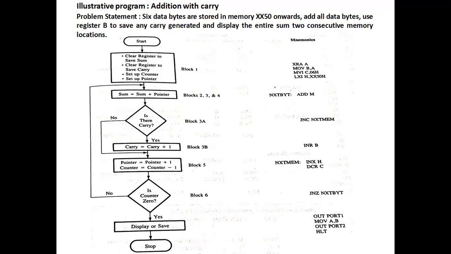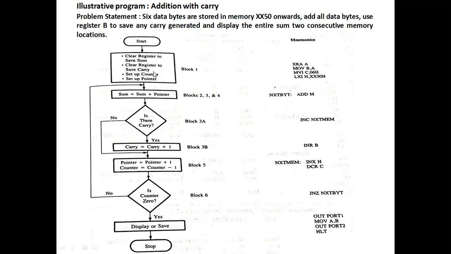So just to be safe, the accumulator, the sum value, should be cleared, because unless you add the data, you are not going to get the result. Whatever is the previous value of the accumulator should be abolished, reset to 00.